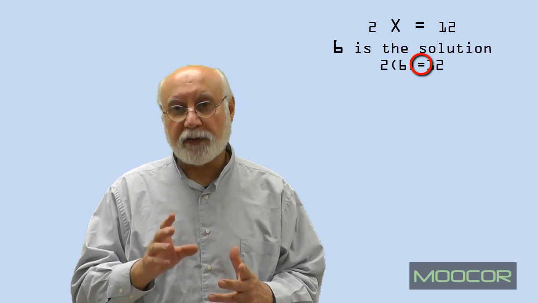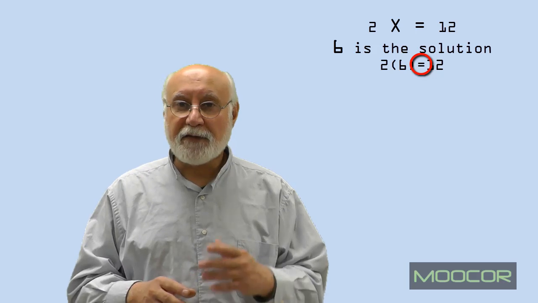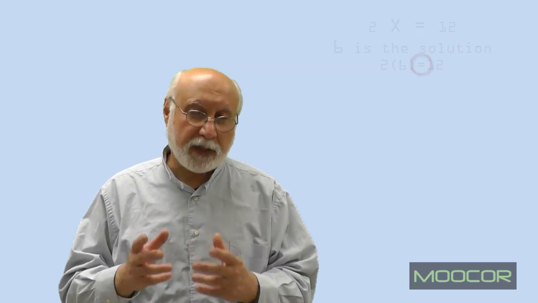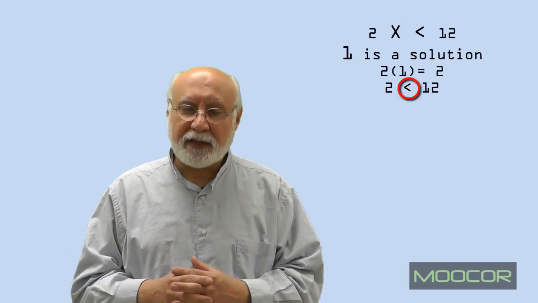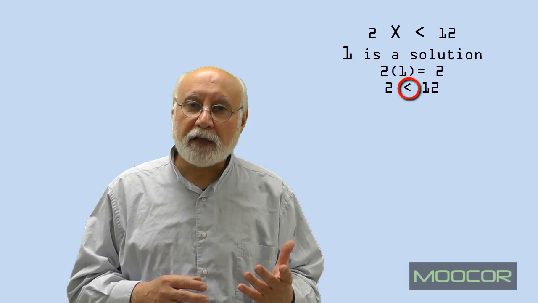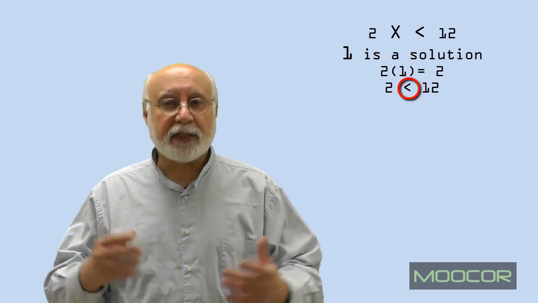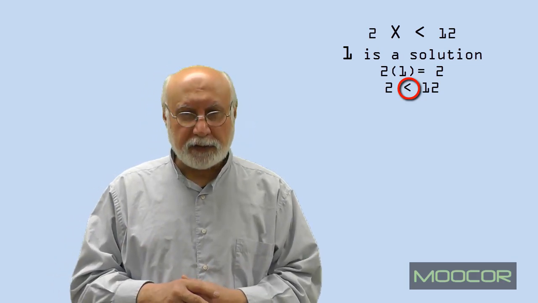If it is an equality sign, then the left-hand side and the right-hand side will be equal. If the sign in between them is a less than sign, then the left-hand side will be less than the right-hand side. So a solution is a value or set of values that satisfy those signs and that test that we are performing.